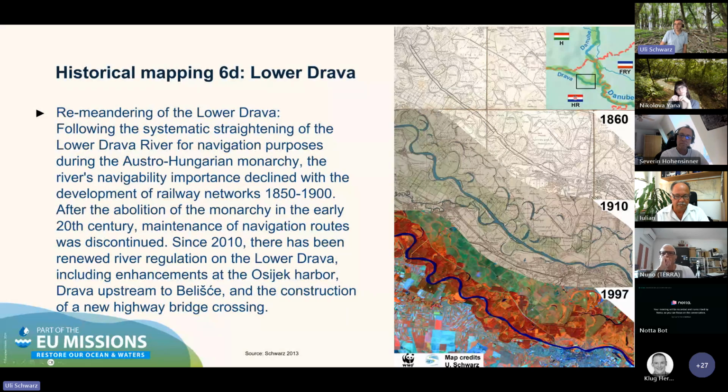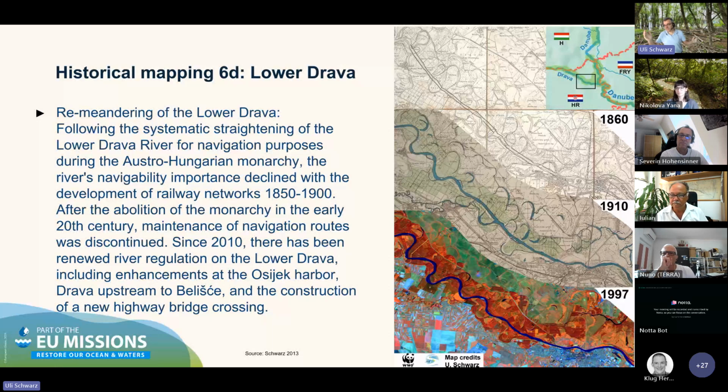And under the Austrian-Hungarian monarchy, this river was completely rectified. I also overlaid here some structures I got from other maps for navigation. The Austrians and Hungarians liked to go by ship, by barge, even further upstream.